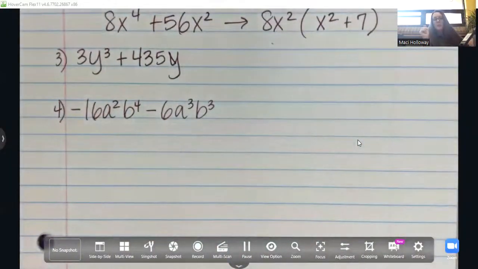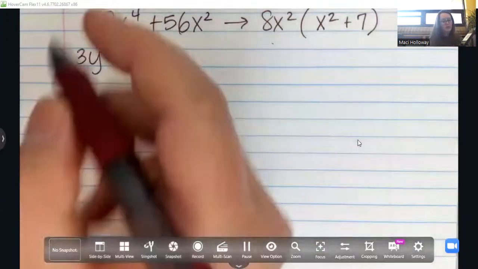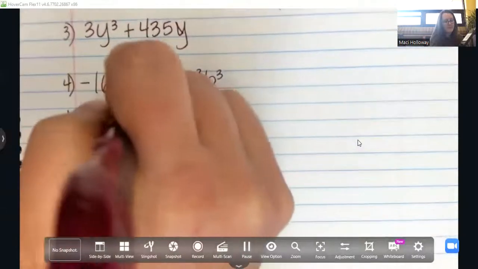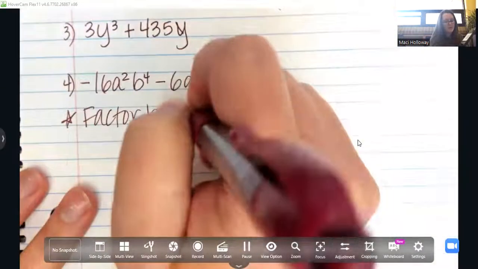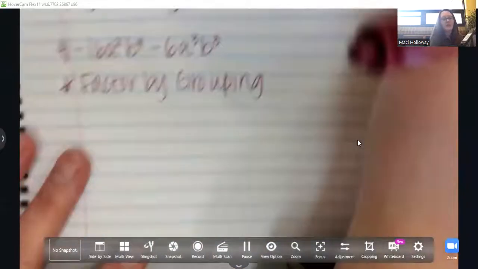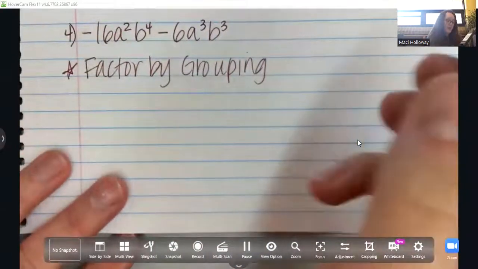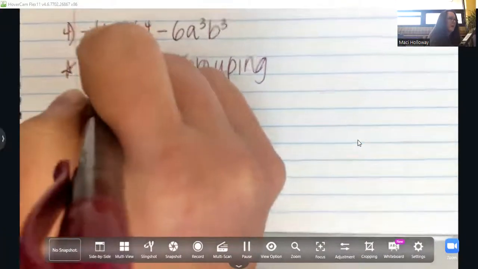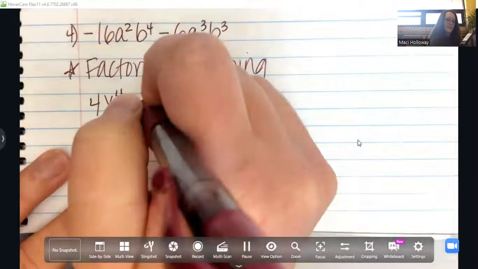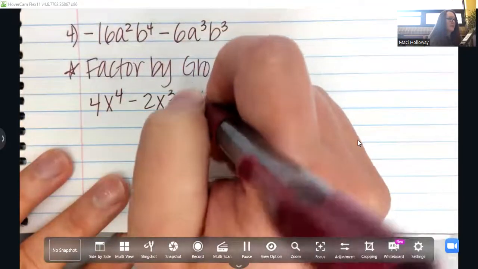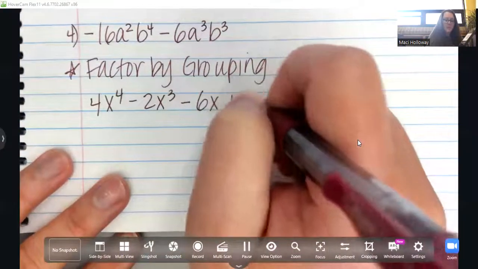I'm going to show you a different way, as in factor by grouping. So here's our second way, is factor by grouping. So let's say that you have a polynomial of 4 terms. So I have 4 of them. Let's say it's 4x to the fourth minus 2x to the third minus 6x plus 3.